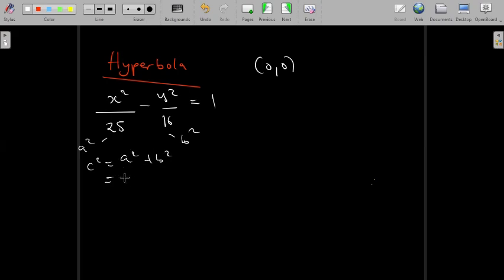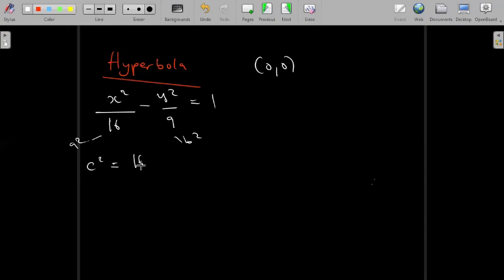And you have 25 plus... okay, for my liking, allow me to use 16 and 9. So this is our a squared, and that's our b squared, such that we have c squared when we add our a squared, 16.